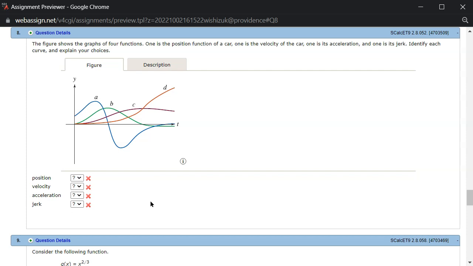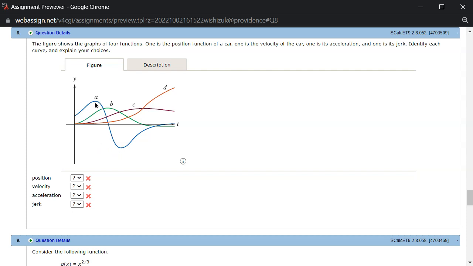All right, so you can kind of start with anything you want. Maybe I'm going to start with A. So you have A here. If you're looking for the derivative of A, you look at the places where you would have a horizontal tangent line.